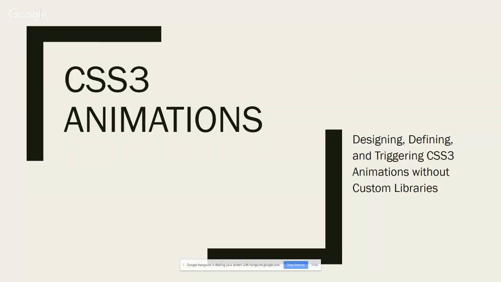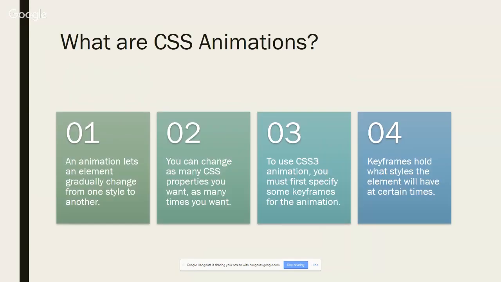All right. We're going to go over CSS animation, specifically designing, defining, and triggering animations without custom libraries. So, CSS animations. First, an animation lets you generally change from one style to another.